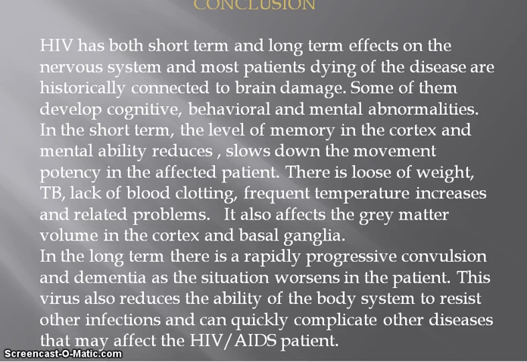For example, fibrinogen will be completely lacking, and no blood clotting will take place in the affected person if not properly treated by ART. And of course, a lot of tuberculosis will show up, and this will weigh heavily on the weight of the patient and will slow down the movement in the affected person, and of course the temperature will regularly increase, and this will contribute to a lot of related problems.